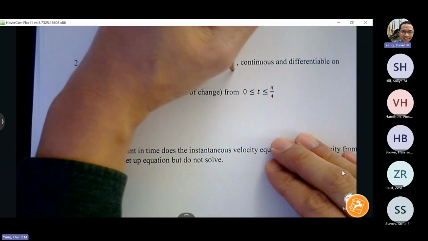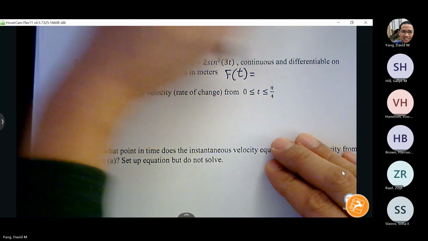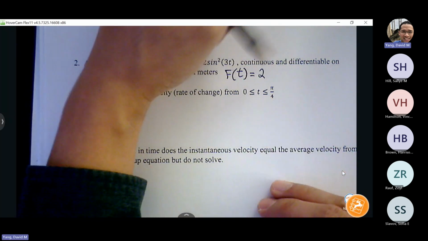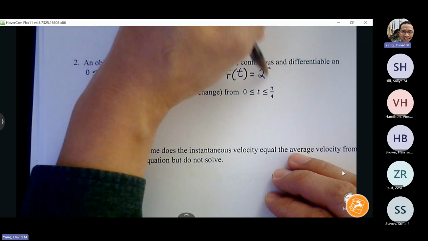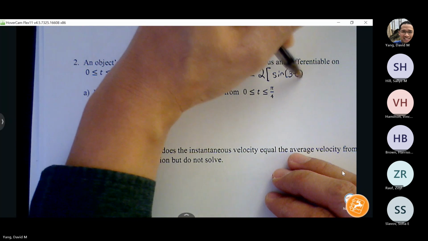Let me just rewrite the function, though, to get it ready for the eventual derivative, and it also makes it easier to plug in if that squared is in a more clear location.